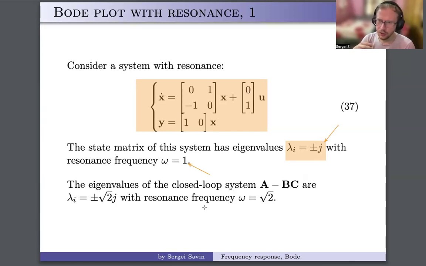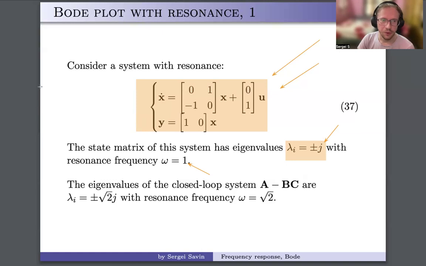There is a whole separate field of study, the study of oscillations and resonance, where there are formulas, especially for systems of the second order, where you can explicitly find resonance frequencies. And it's not complicated. So if you are interested, it is not difficult to find this type of analysis. But in any case, in this case, the resonance frequency is 1.